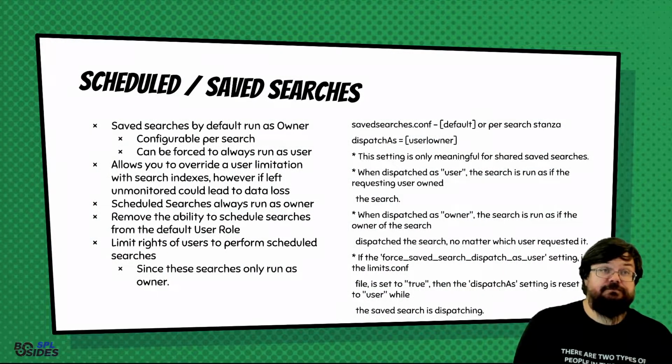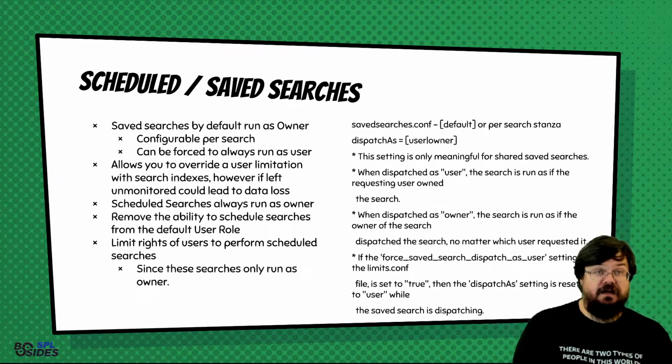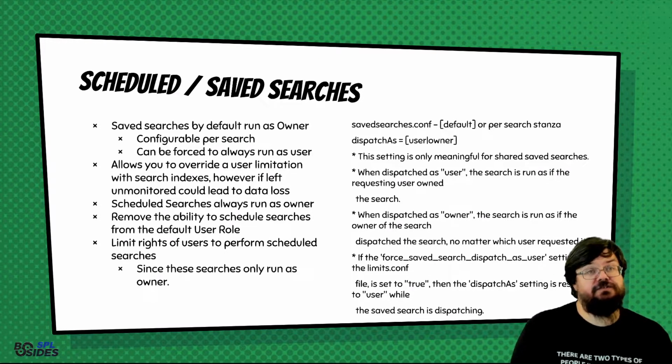Scheduled and saved searches. Saved searches by default run as owner. This is how it's been configured forever. There are two ways to handle user scheduled searches. You can either A, change the scheduled search default from dispatch as owner to dispatch as user, or you can set in the limits.conf a setting that forces all saved searches to dispatch as user.